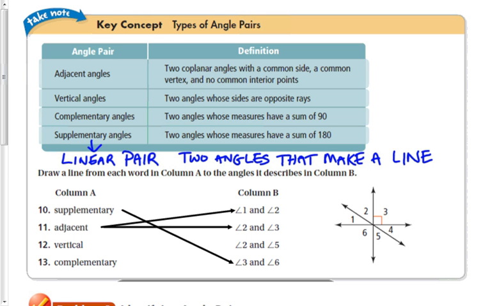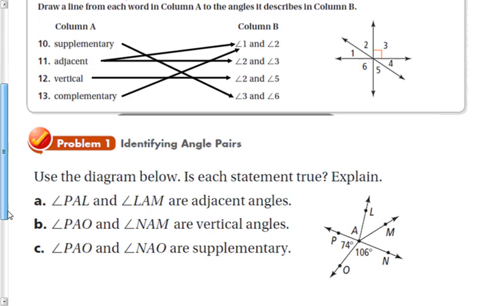Vertical angles, an example of vertical angles is 2 and 5. And a set of complementary angles, two angles that add up to 90 degrees, would be angles 1 and 2. All right, so let's use these.